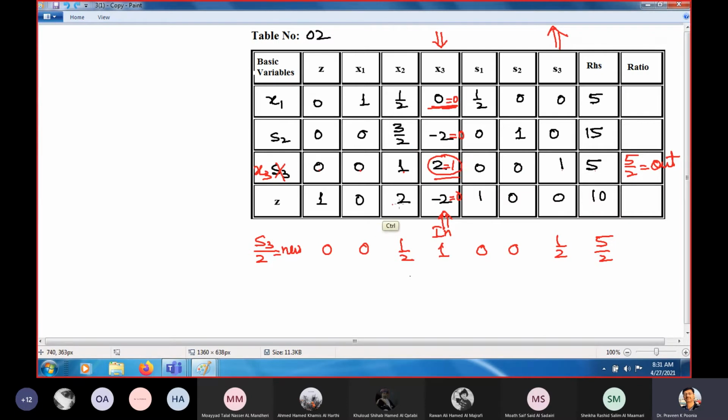Or another thing you can do: here is 1, so you need to make S2 plus. Why plus? Because here is negative, here is positive. 2 into new row. So you need to multiply by 2 and then add. But if you have by chance the same element, same to same like this one, where you have 1, like this one.